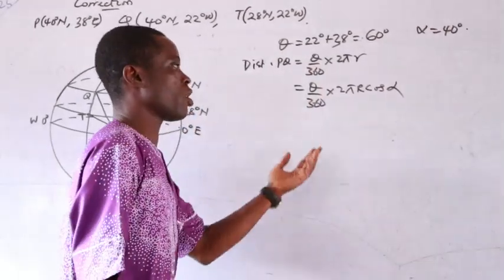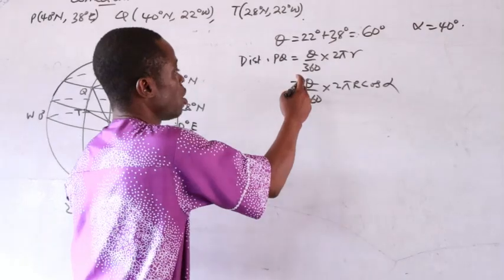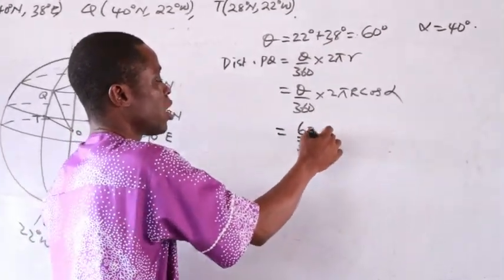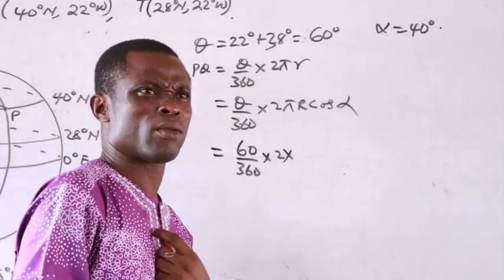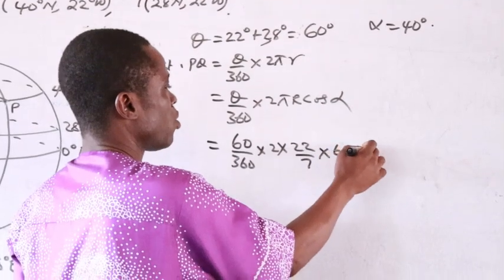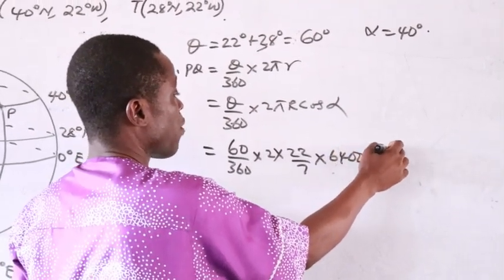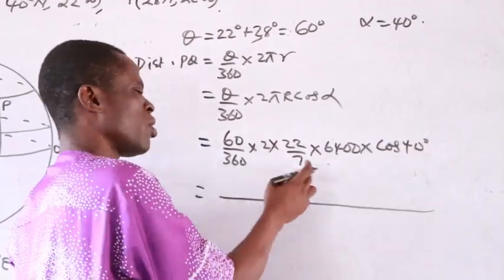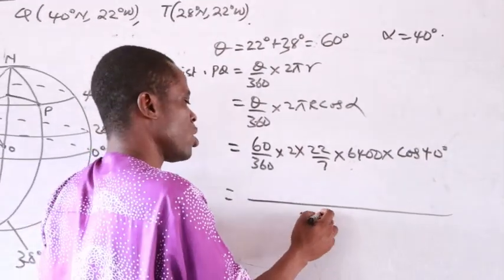So we can now come back to this formula and do the substitution. What is theta? 60 over 360 times 2 times pi. What is pi in the question? 22 over 7. What is R? 6,400. And what is alpha? 40. Now the product of 360 and 7 is 2520.